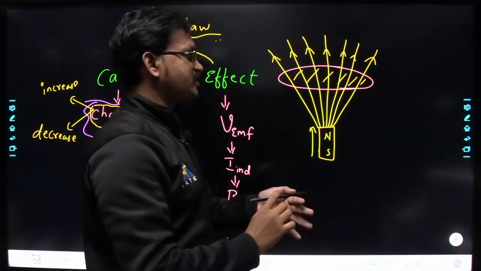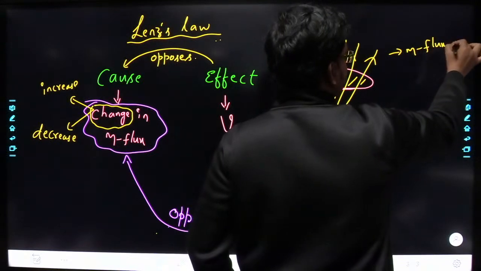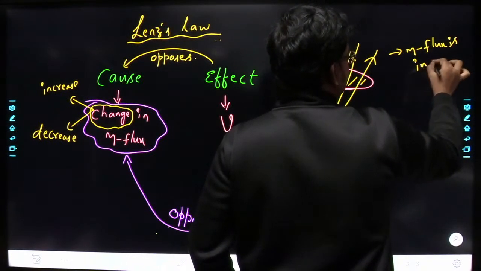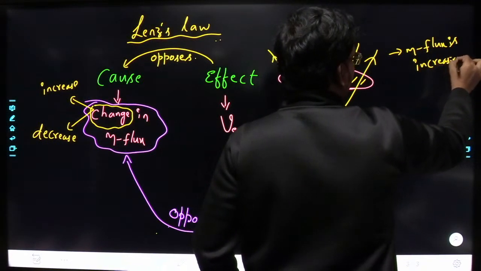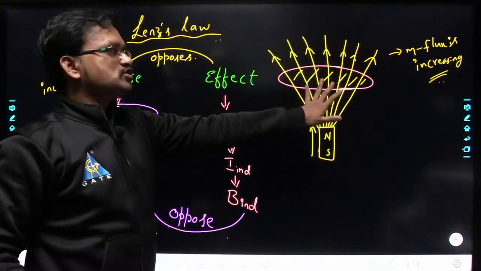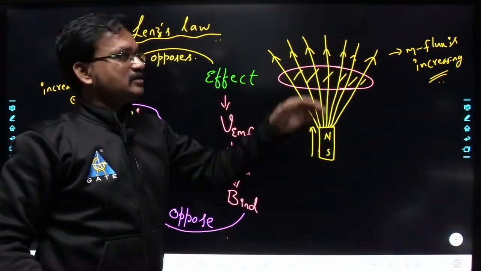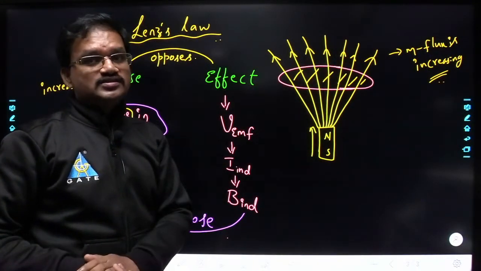Understood? So in this case the magnetic flux is increasing. Why do you say the magnetic flux is increasing? Because with respect to time, the number of field lines penetrating through this loop or surface is increasing.